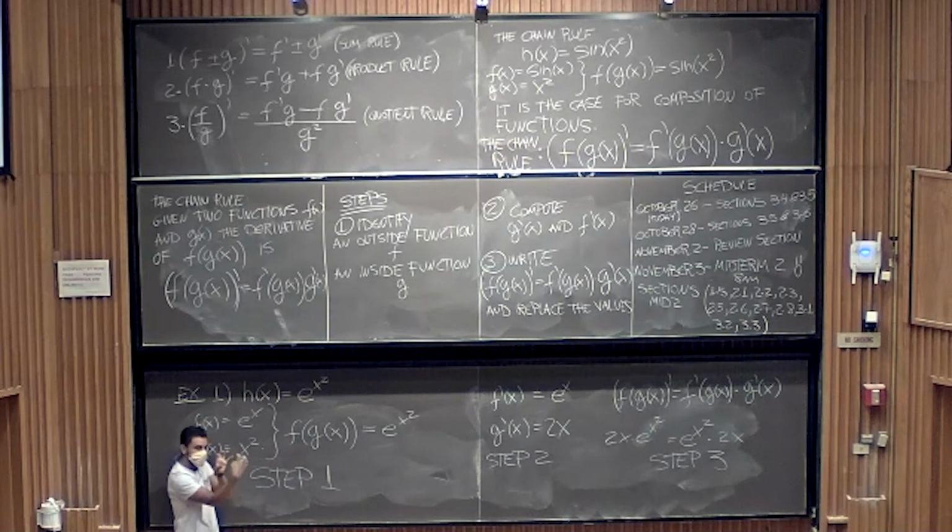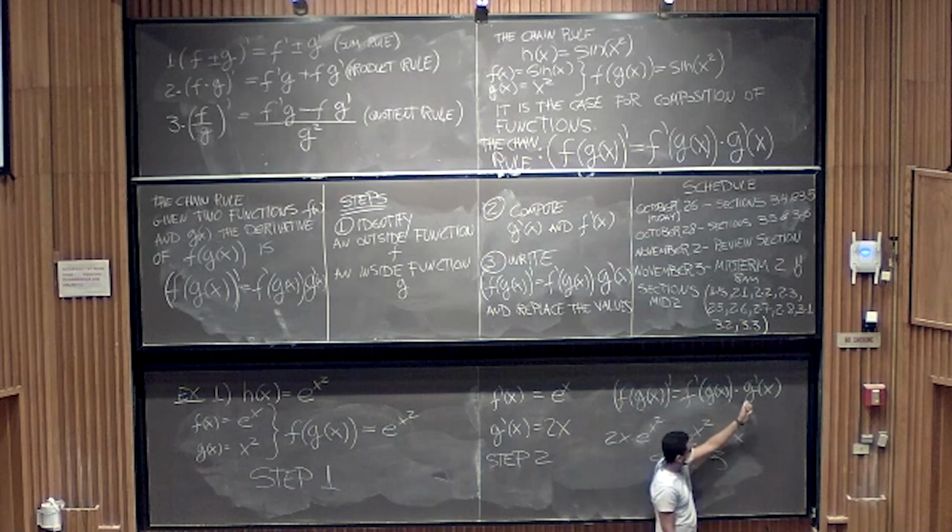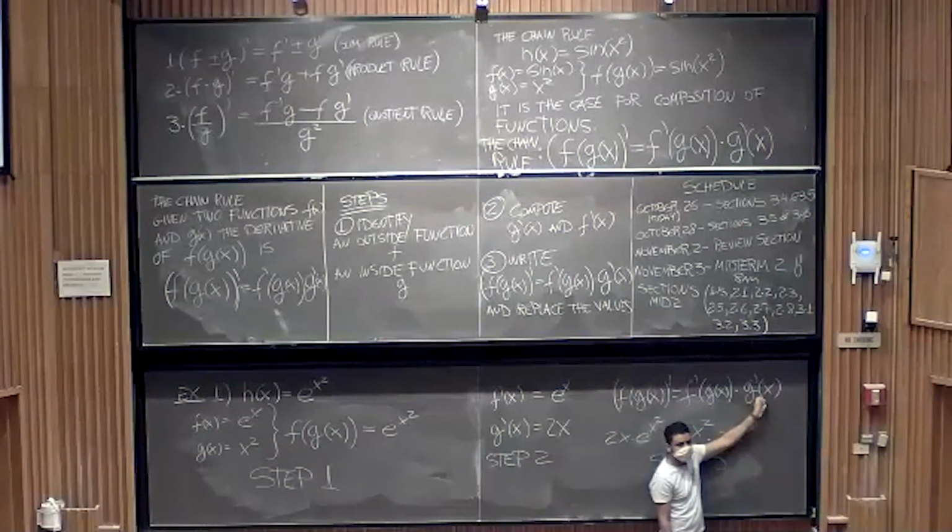One function, you plug another one inside, and the formula is this one. When you have a composition, you have outside and inside. That's different than the product, where you have the first and the second. Here you compute the derivative of the outside, keep the inside, and then times the derivative of the inside.